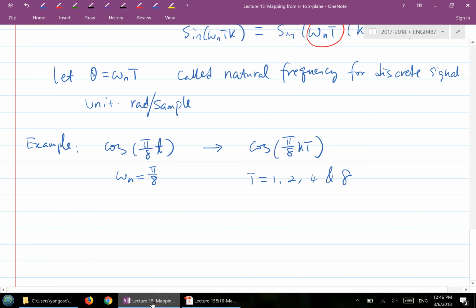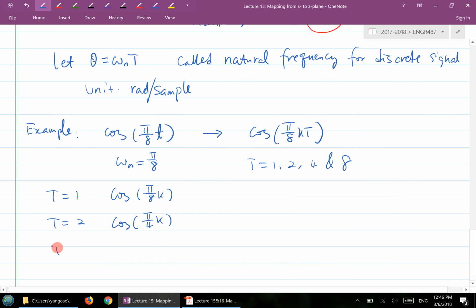When T equals 1, you have cosine of pi over 8 times k. When T equals 2, you have cosine of pi over 4 times k, because pi over 8 times 2 gives you pi over 4.